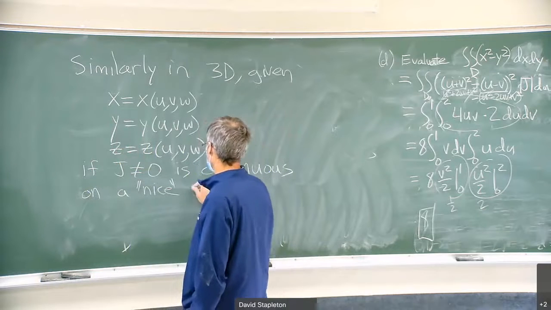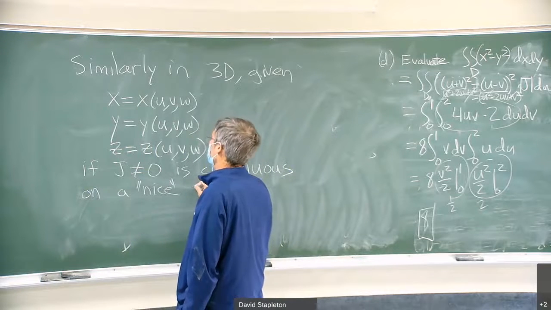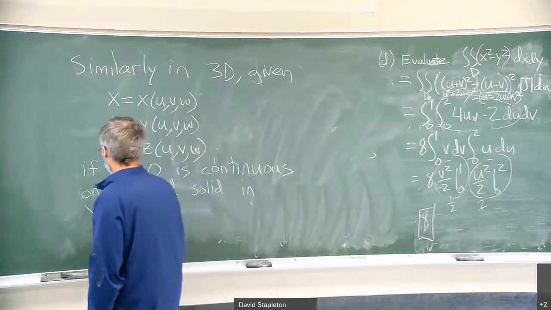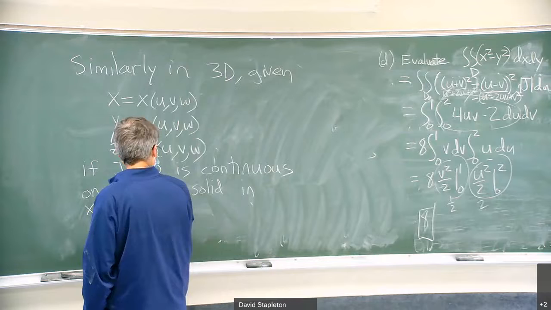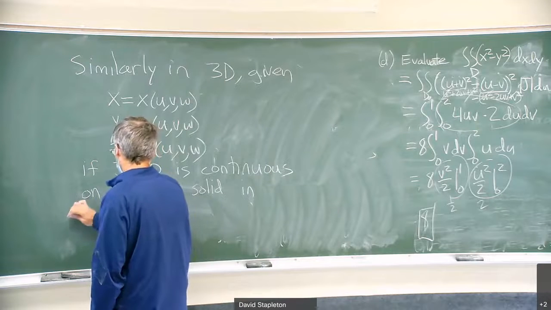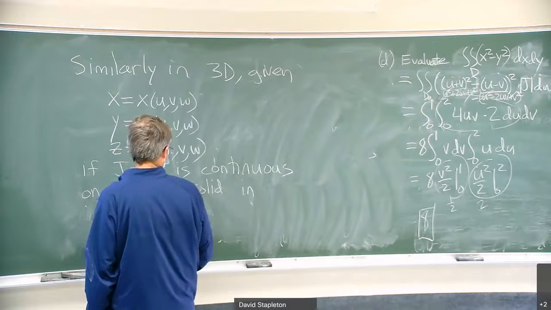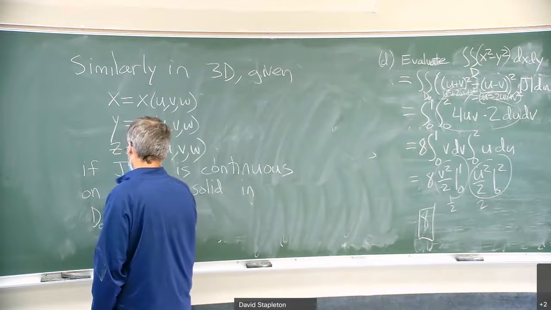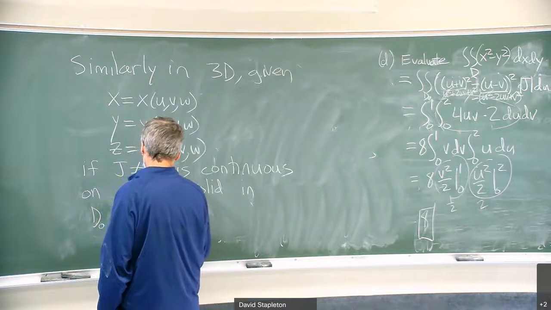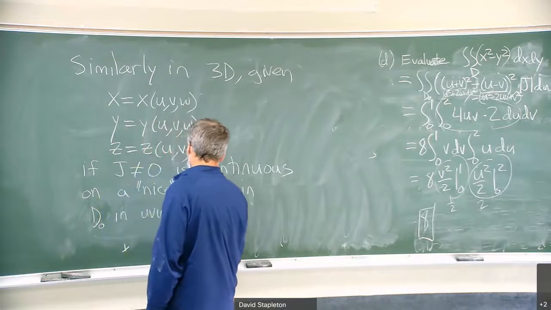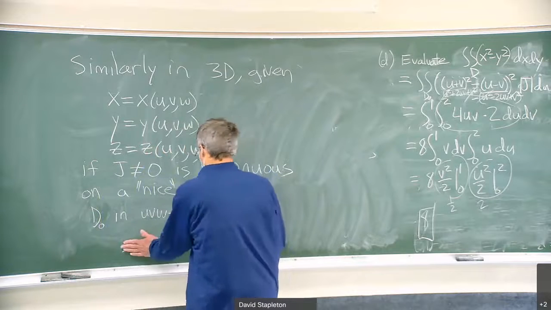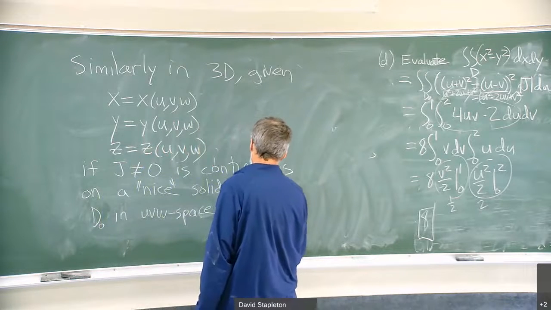If it's continuous on a nice solid, instead of plane region, in X, Y, Z space, let's call it D0, and the W space, and of one sign, positive or negative.